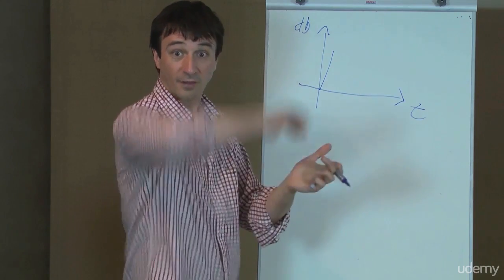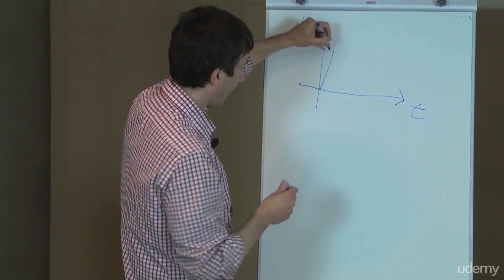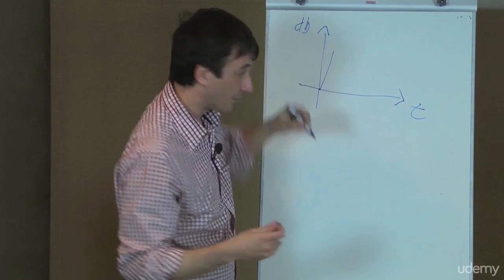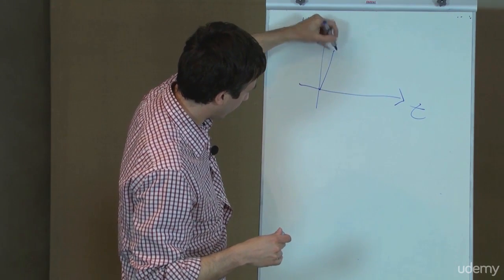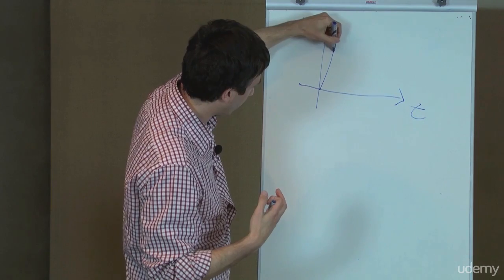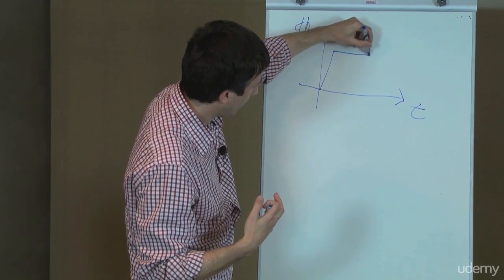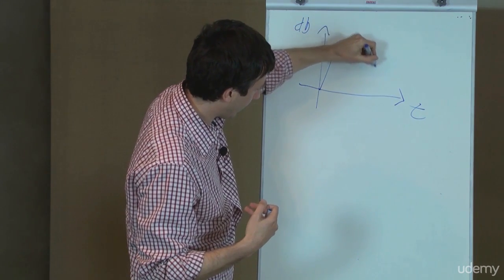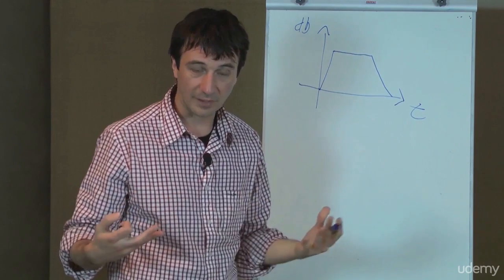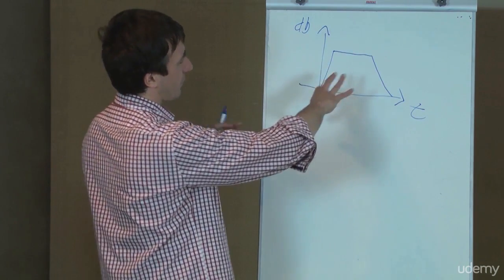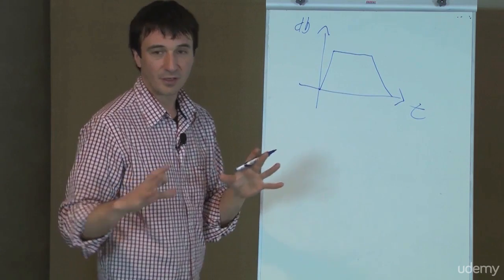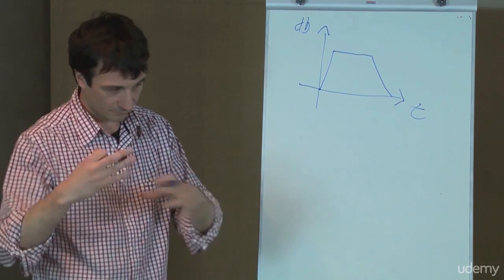So nothing, very high, but it doesn't die immediately after that. There is a time that the level will be sustained for a while, and then at some point it will die down. It will ebb away.